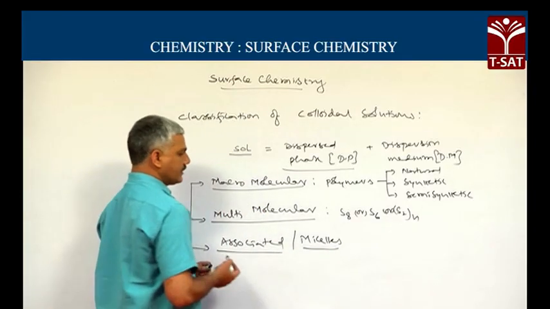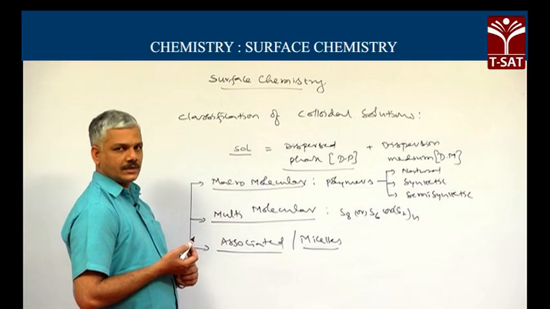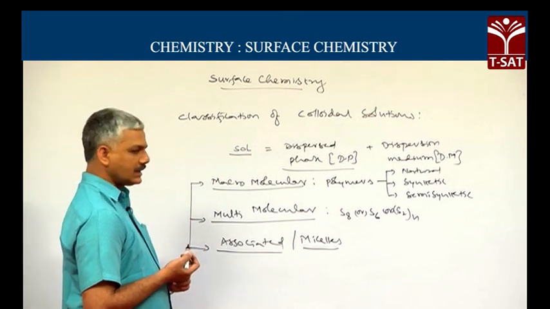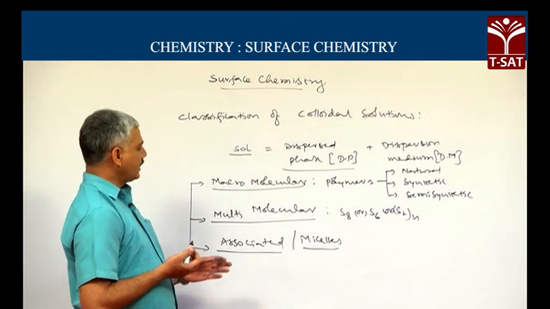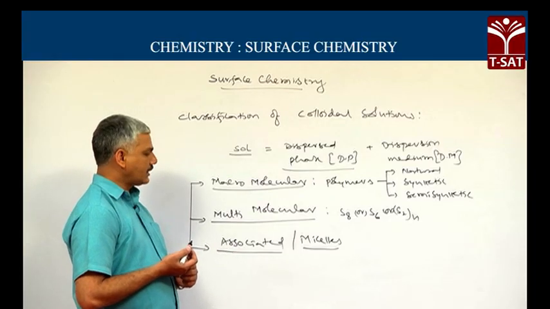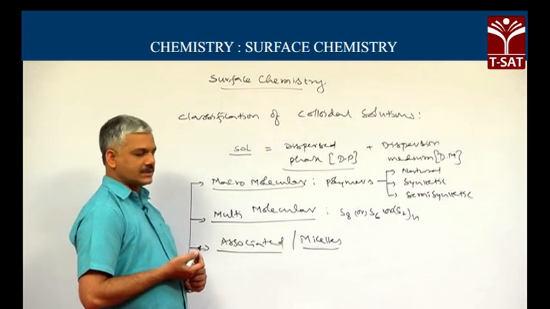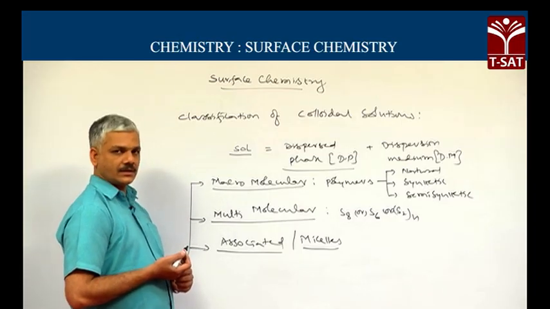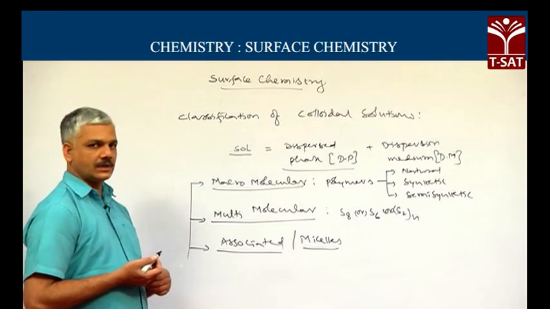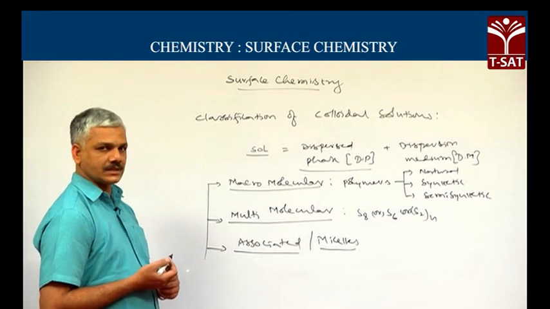Associated colloids or micelles exist as true solutions at lower concentrations, and with increase in concentration at a particular level, the dimensions are converted into colloidal dimensions, and from that stage onwards they will act as colloidal solutions. Such colloidal solutions are called associated colloidal solutions or micelles.